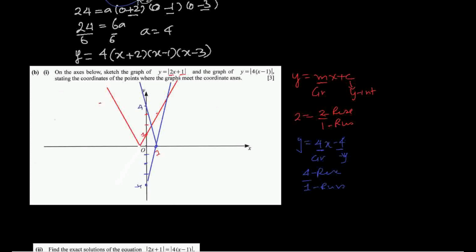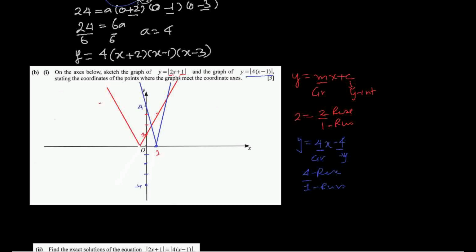Now I drew a shorter line because I wanted to erase the negative part, just like the previous equation I did. So two V shapes we got. The graphs, this one is this, and the red color is absolute 2x plus 1, done.